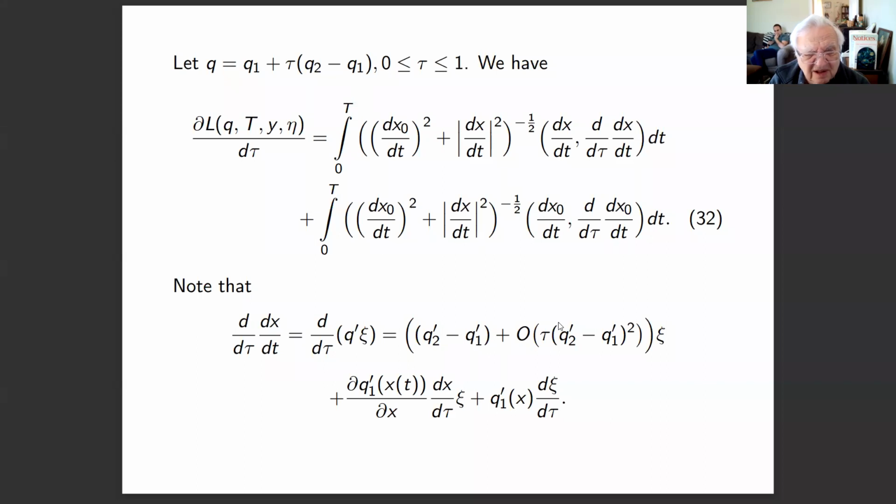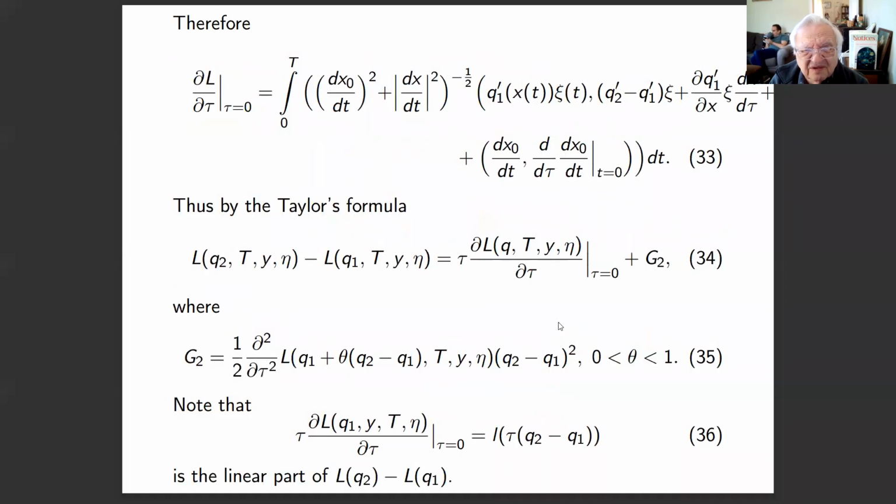Note that d/dtau of dx/dt is given by this formula. So therefore, the linear term, the derivative in tau at tau equals 0, will have the following form, 33.